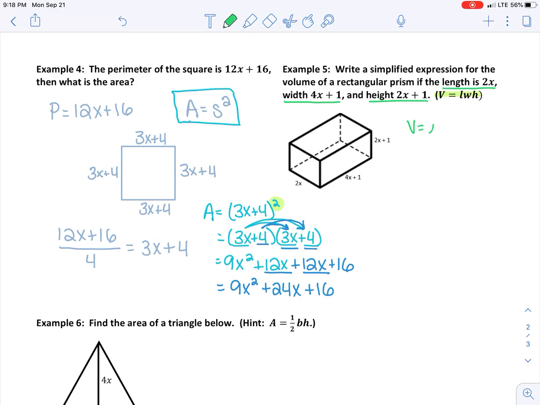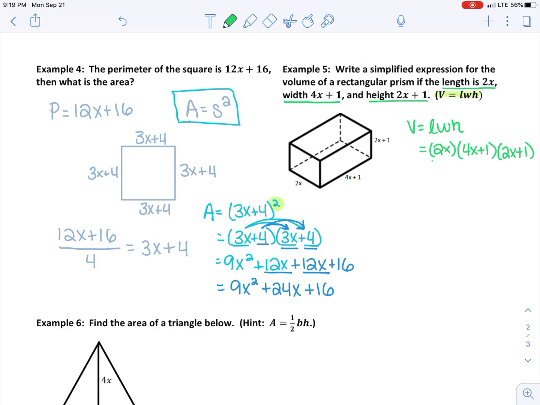So what I'm going to do is write that out. The length is 2x. The width is 4x plus 1. And then the height, it also tells me, is 2x plus 1.